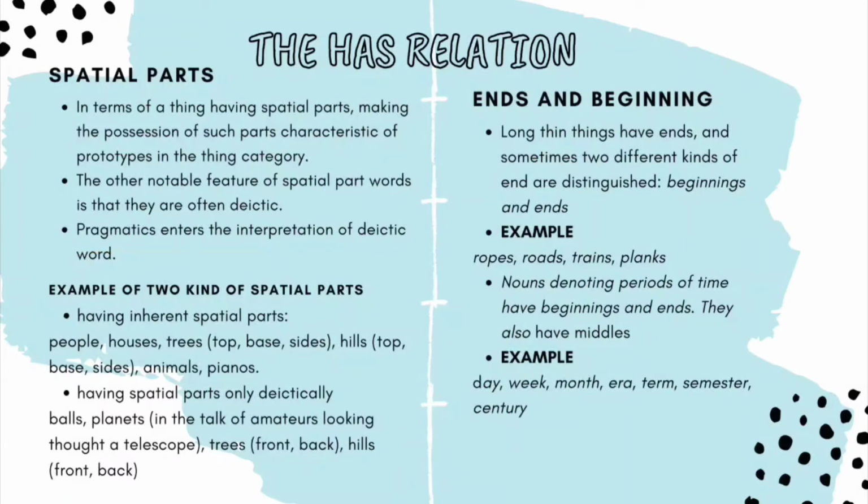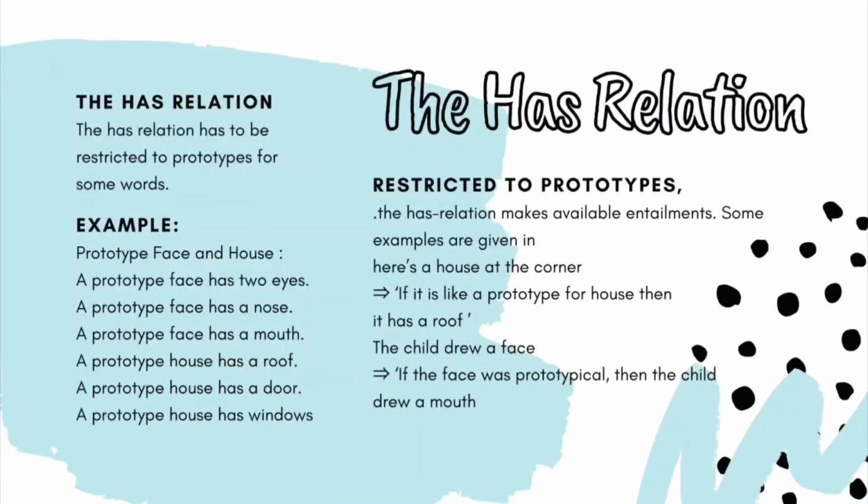Examples of two kinds of spatial parts. Number one is having inherent spatial parts: people, houses, trees have top, base, and side. Hills have top, base, and side. Animals and pianos. And then having spatial parts only deictically: balls, planets in the talk of amateurs looking through a telescope. Yes, trees have front and back.